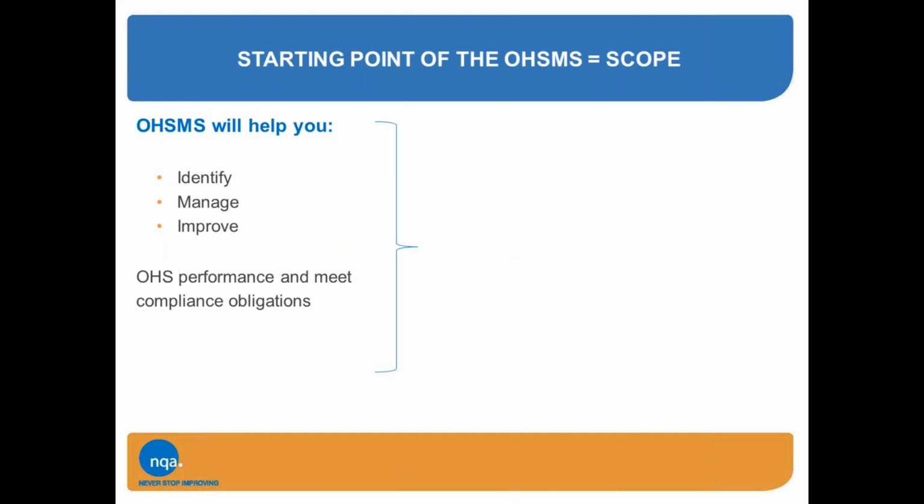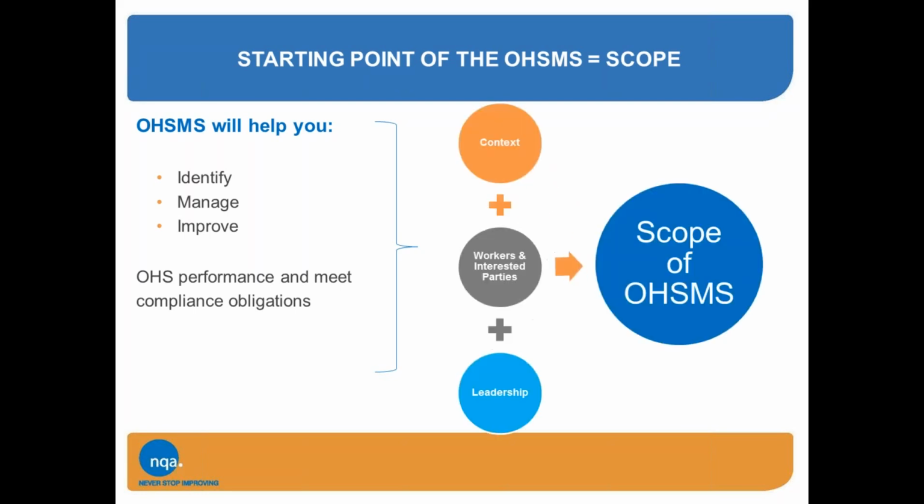One of the requirements of 45,000, when you're looking at the scope, is that without understanding the context and the interested party element, you can't define the scope. Because if you don't know what people's expectations are, you don't know what influence your business has on its workforce, etc., then how could you define the scope?